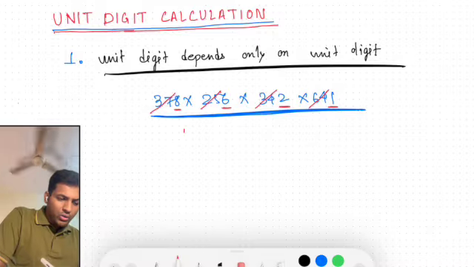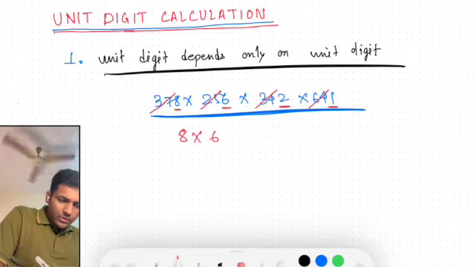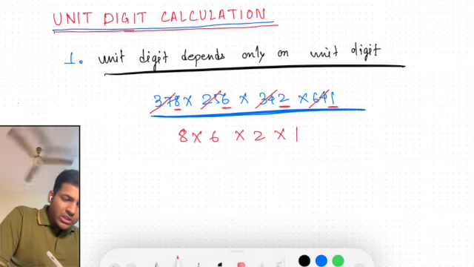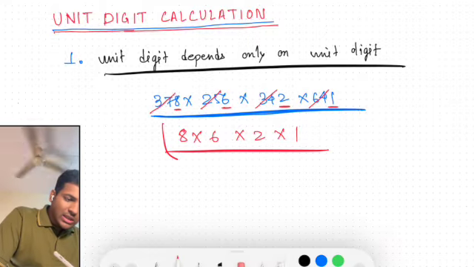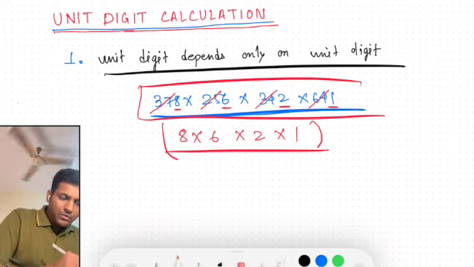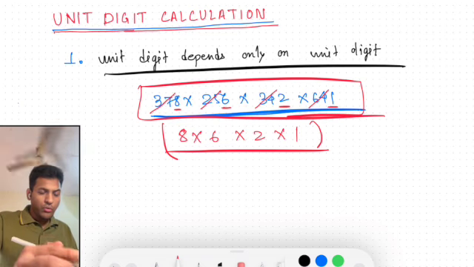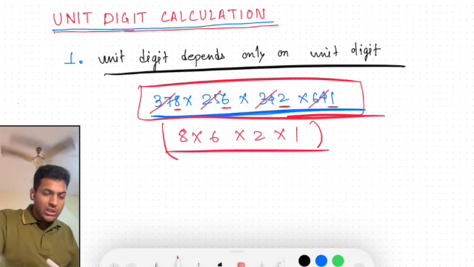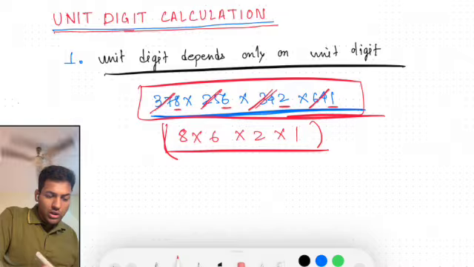So what you can do is 8 into 6 into 2 into 1, and the unit digit will be the same in this case and that case. This is a very important rule. The unit digit does not depend on the other digits, so you can just remove them and do your calculation based on the unit digits.